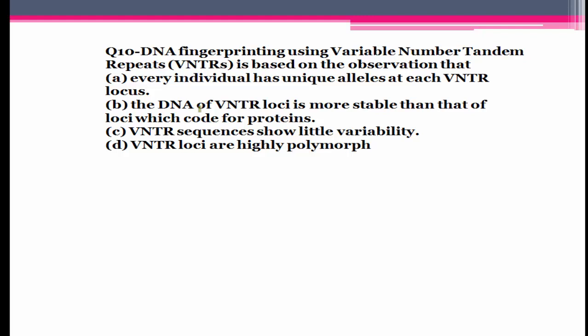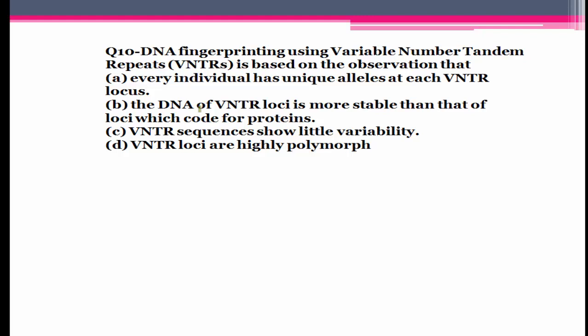It is specific for a person and varies from one individual to another, with the exception of monozygotic twins. And this is used as a basic principle to compare the DNA fingerprinting of two individuals.